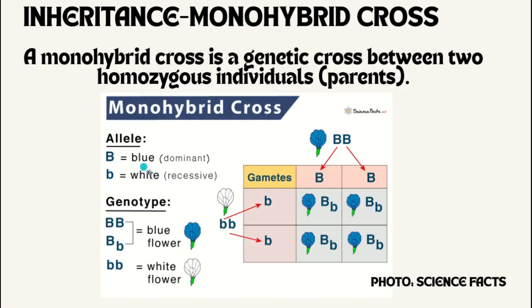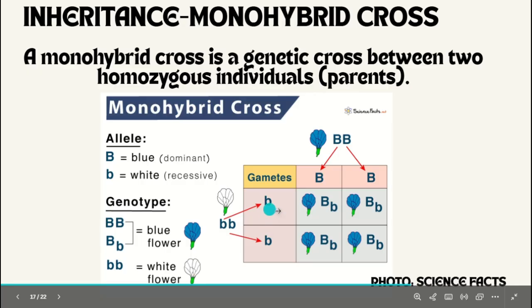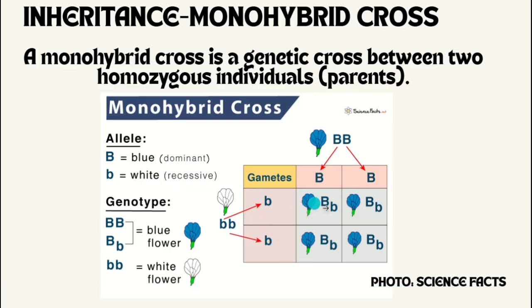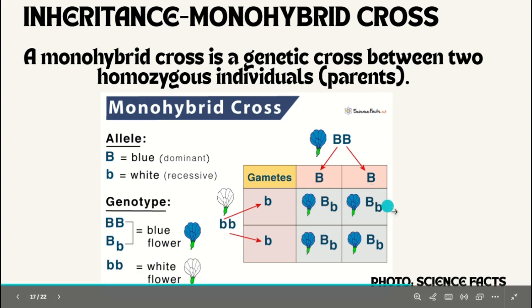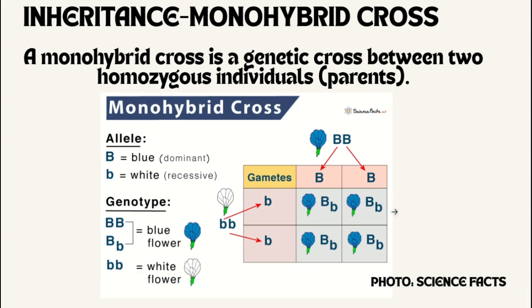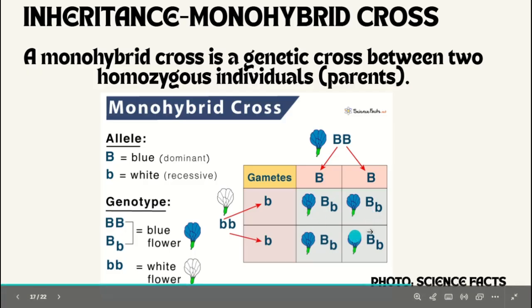So BB, the big B is blue, which is dominant, and then the little b is white, which is recessive. If we cross big B for blue with homozygous recessive for white, we're going to get 100% blue flowers, right?